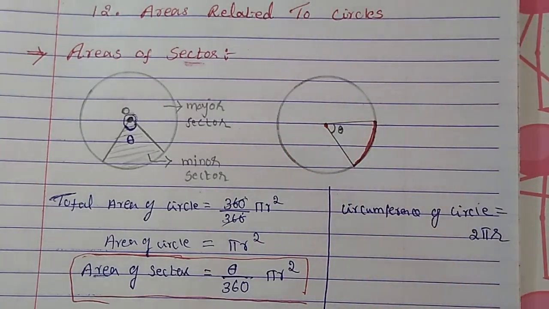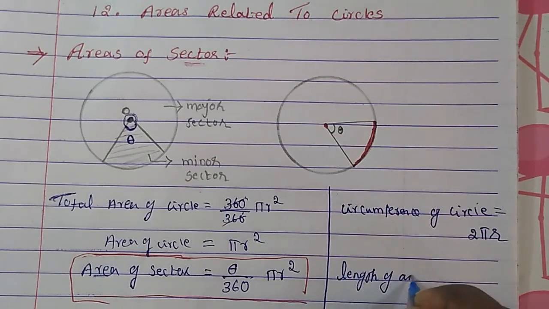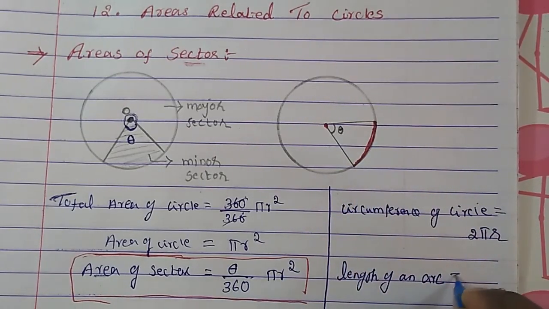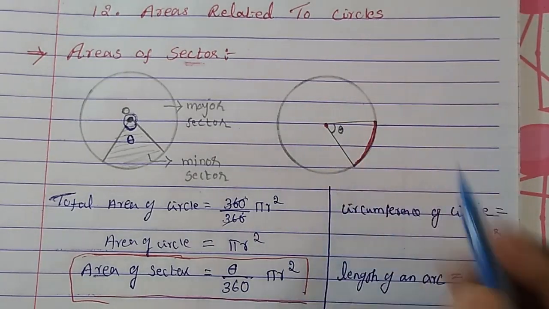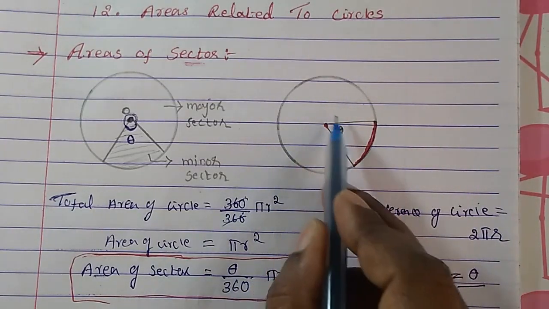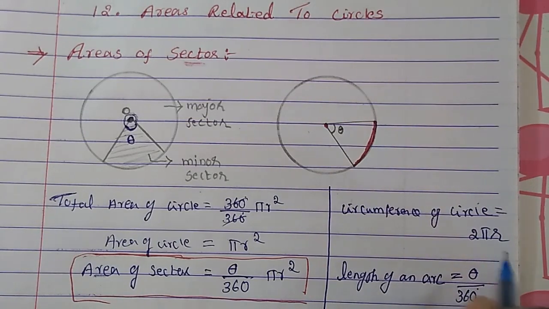So to find out length of an arc, this is arc, right? So length of an arc will be, whatever may be the angle divided by the total angle, 360 degree, then multiply with circumference.